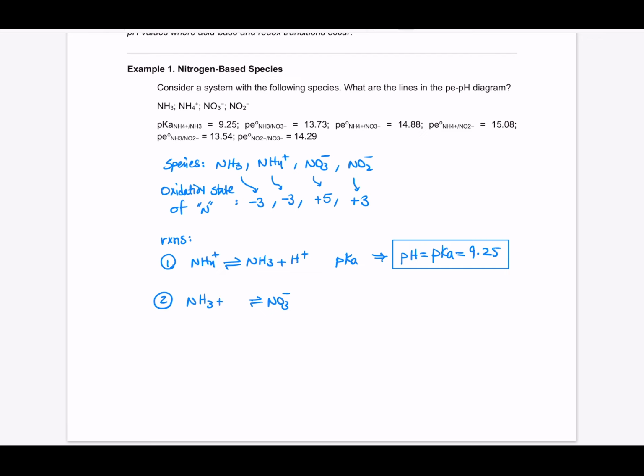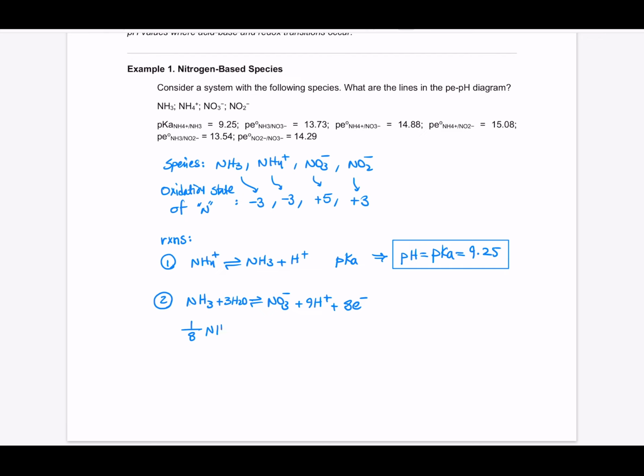We covered that before. So this would be 3H2O on this side, 9 protons plus 8 electrons. We don't have any information about this reaction because this is not a standard reaction. The K values are not given, rather E0 values are given. So we need to convert this into the standard format.